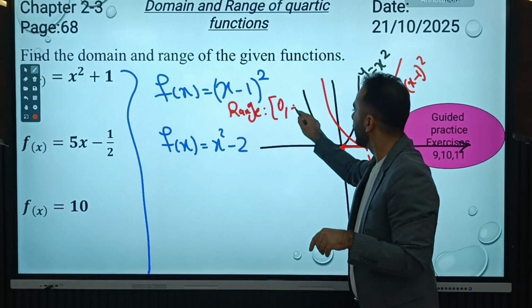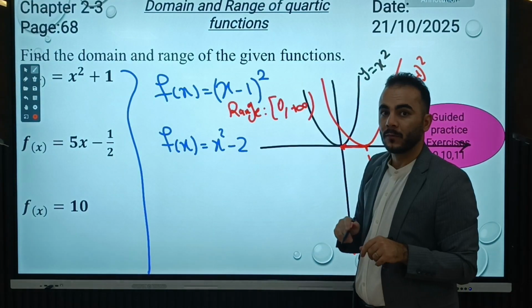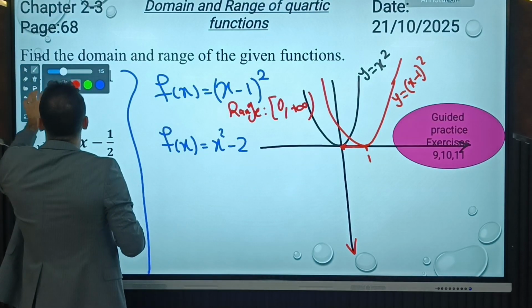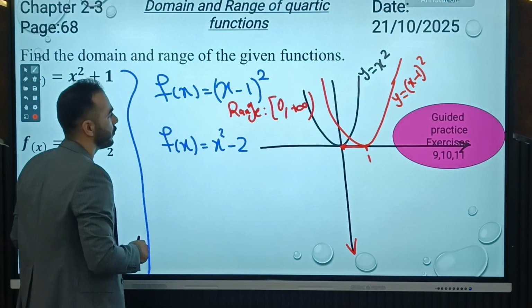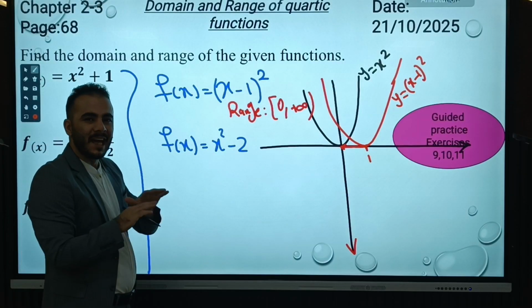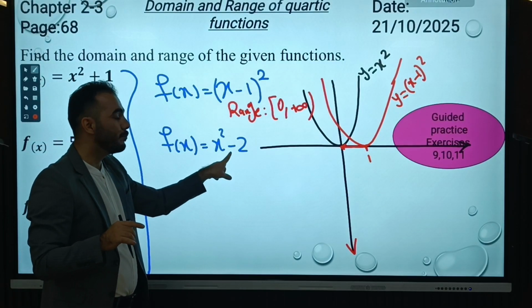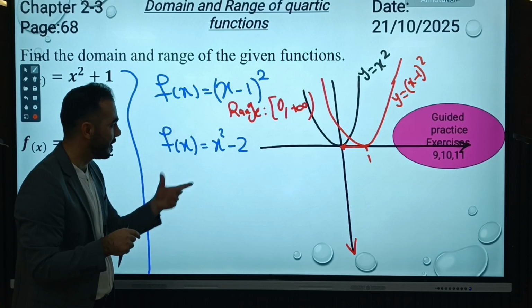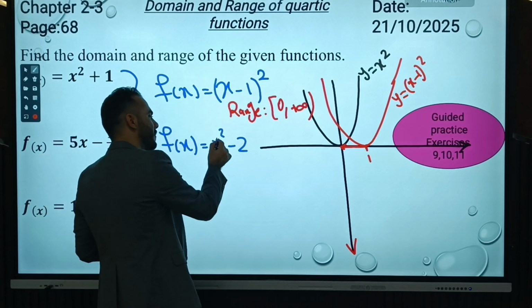How about the next one? Well, in the next one, let's use blue. We don't have any bracket, it's x squared, and minus 2 is outside of x squared, outside of the bracket. There is no bracket here, by the way, but actually the bracket is here. Since there is no need to put a bracket for x, we did not.